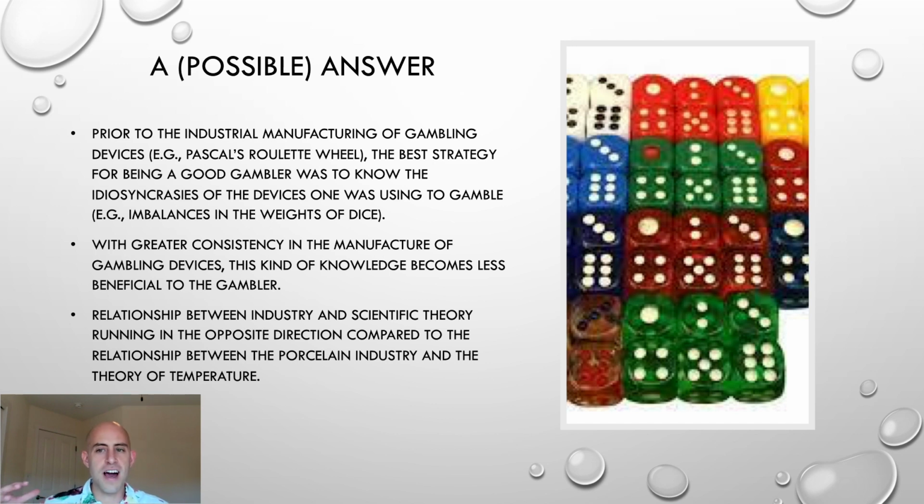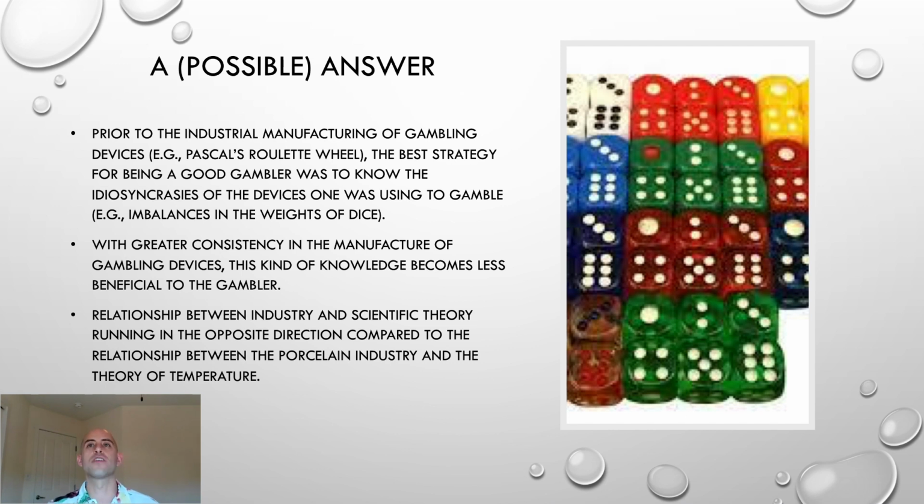But prior to this industrial standardization of gambling devices, it may well have been that the best strategy for being a good gambler wasn't to really understand how probability works, but rather to know the idiosyncrasies of the devices one was using to gamble, right? So imbalances in the weights of dice, a bias in a roulette wheel, things like that.